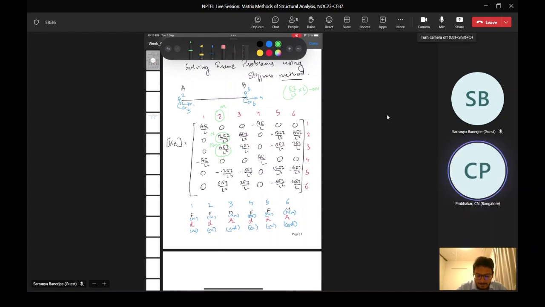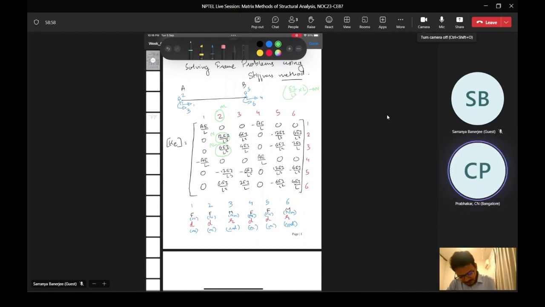Okay. EI by L cube directly gives the Newton, not into L. No, no, this is the stiffness. I'm just getting confused. EI by L cube will give us the stiffness. E is Newton per meter square.